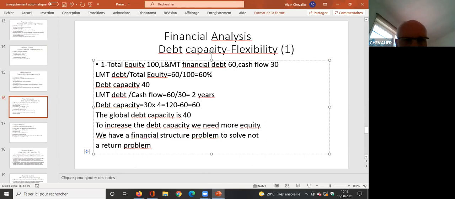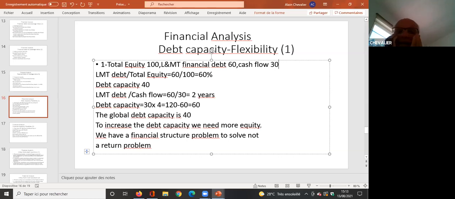Long and medium-term debt, the first calculation, structure calculation, divided by total equity is equal to what? Is equal to 60 of financial debt divided by the total equity, which is 100. It means this ratio is equal to 60%.